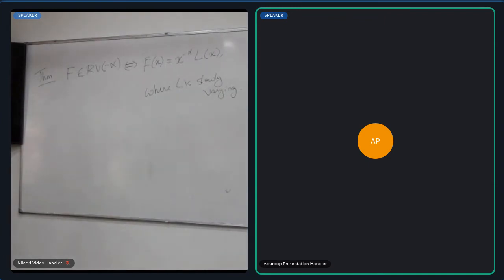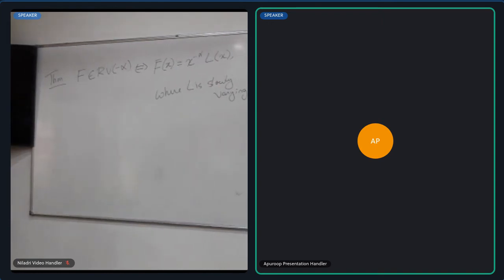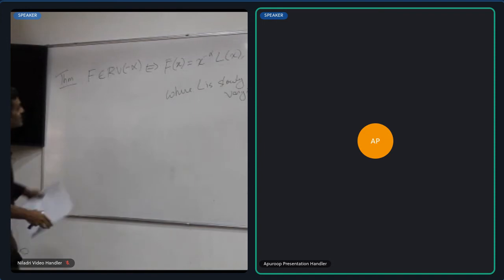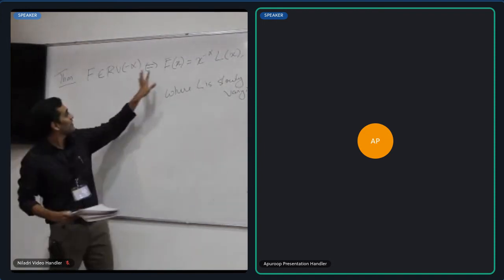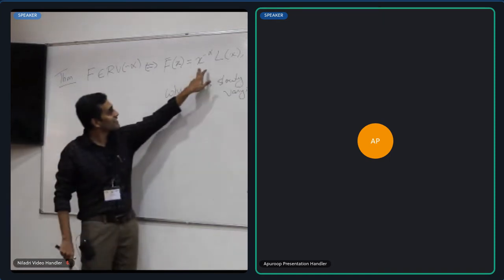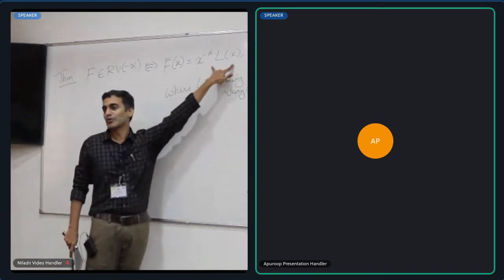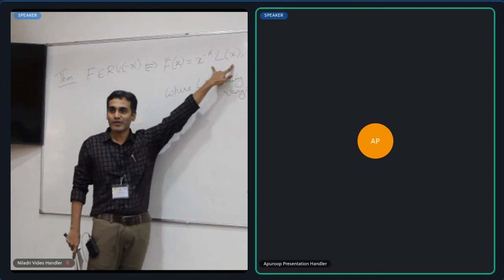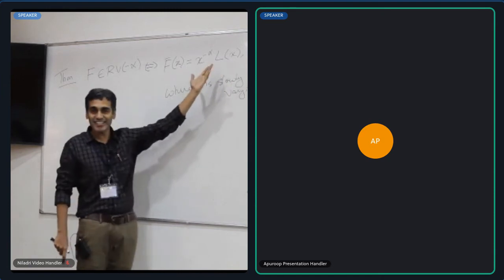Remember, regularly varying distributions are exactly those distributions that satisfy the asymptotic scaling invariance property. Those distributions are necessarily of the form, if it is regularly varying with index minus alpha, then the CCDF is going to be x raised to minus alpha times a slowly varying function. Okay, so again you can see the connection.